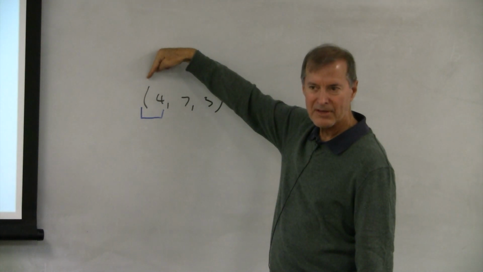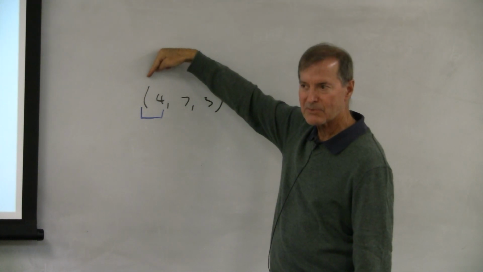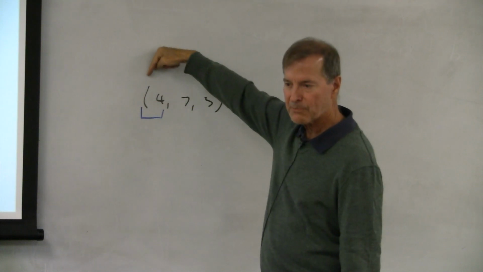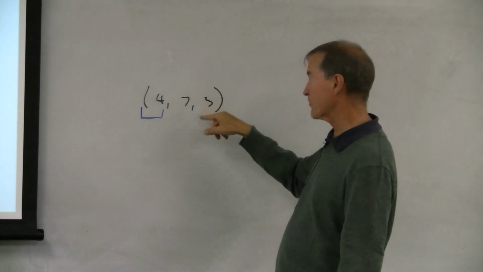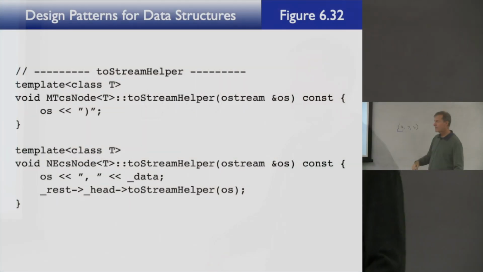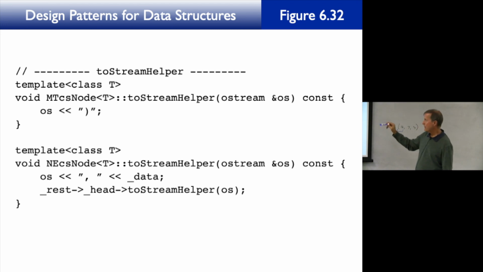We don't have a list version, because the list version is what printed out that left paren. We don't want more left parens in here. Okay. So then if it's empty, it prints out this one. Otherwise, it prints out the comma, the space, and the next one. Pretty slick, huh? Look at that. No ifs. It's all just boom, boom, one or two-liners. I think that's just very nice.